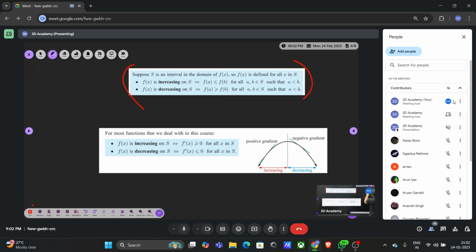Now see, whatever curve equation is given, if I differentiate it, and the answer of the differentiation is greater than or equal to 0, it means my graph is increasing.